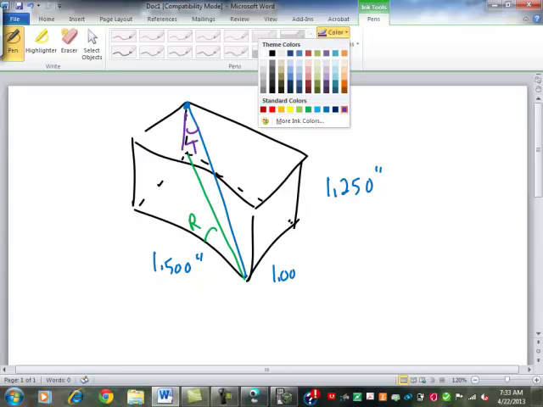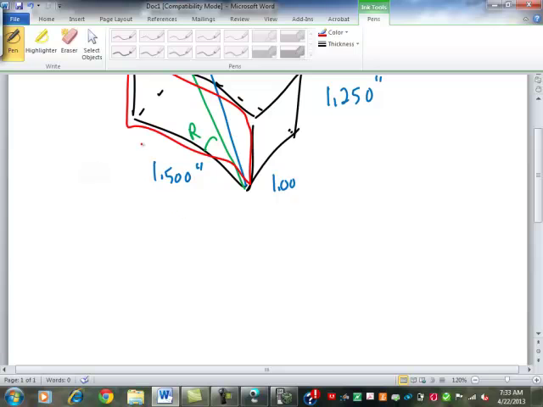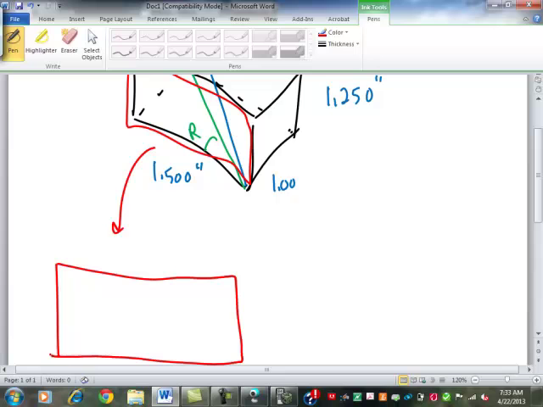Well, what we're going to use today, rather than the dimensions, are the angles. What do I mean by that? Well, if I look at this here from this side, its projection would look something like this, that hole going through it.